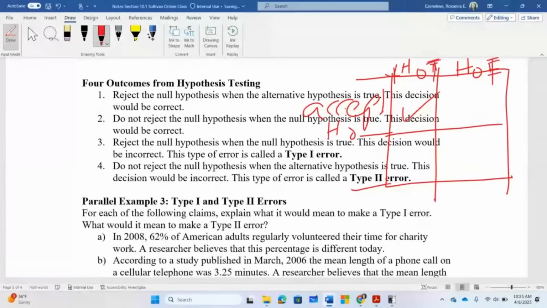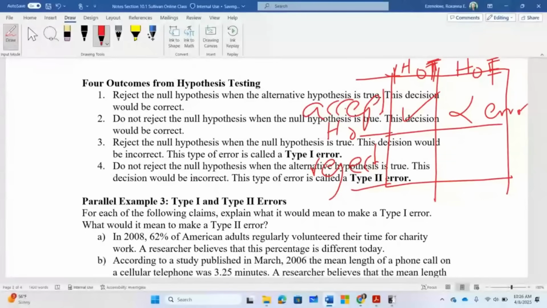If H0 is true and you rejected it, you committed an error because it is true, but you rejected it.